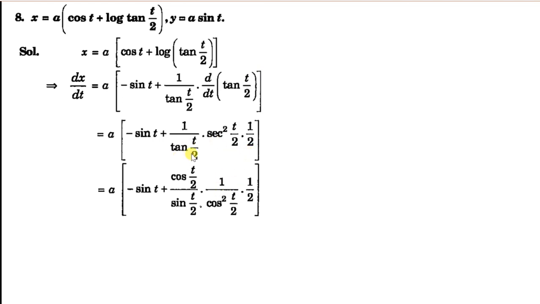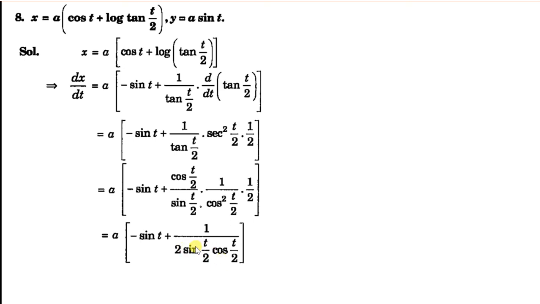Now convert this tan into sine divided by cos. We get sin t by 2 divided by cos t by 2, which is now in the numerator. And sec square t by 2 can be written as 1 divided by cos square t by 2. Then one cos t by 2 gets cancelled, and in the denominator we are left with 2 sin t by 2 cos t by 2.